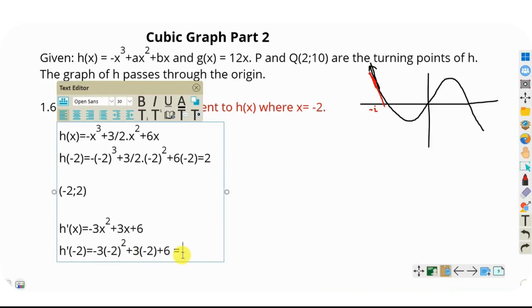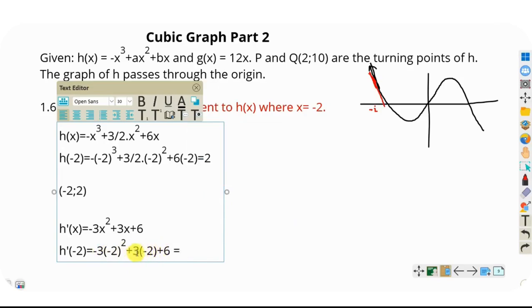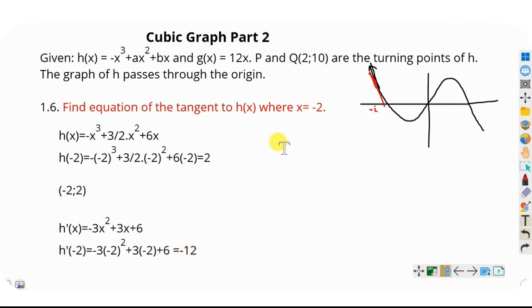The gradient equals negative 12 minus 6 plus 6 will cancel out, so the gradient is negative 12. So now I have the coordinate and I have the gradient, so I can find this line.